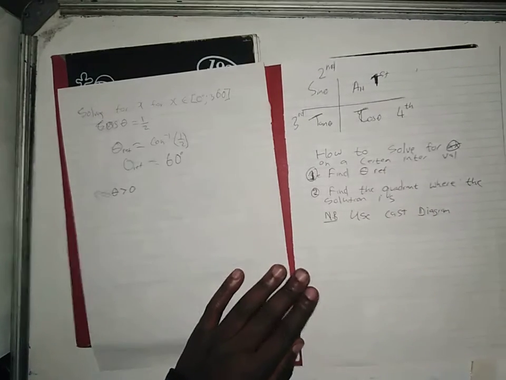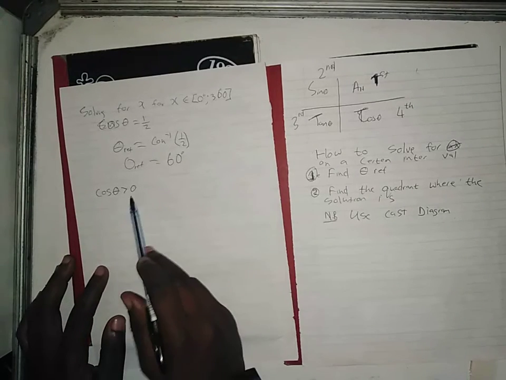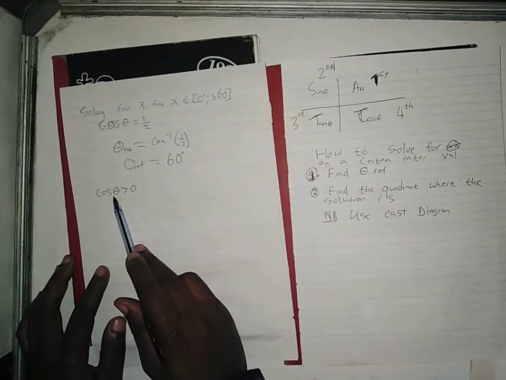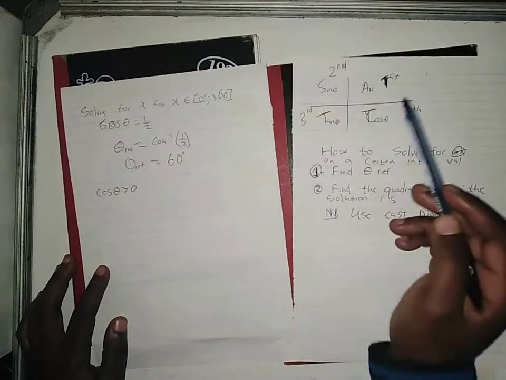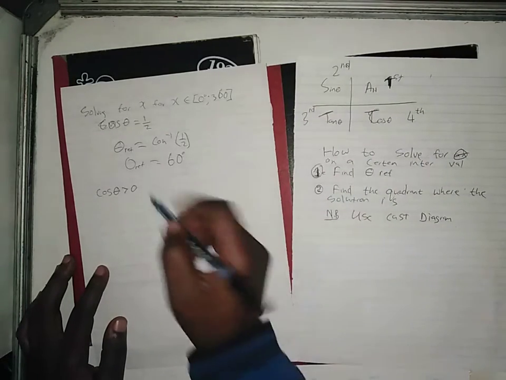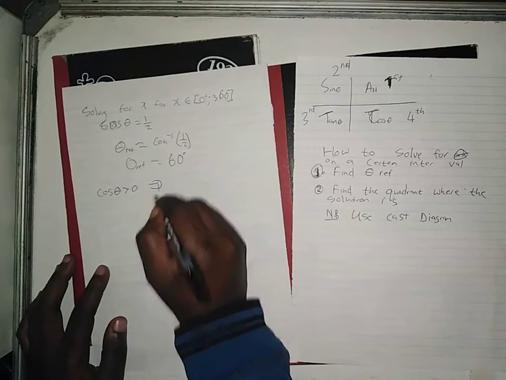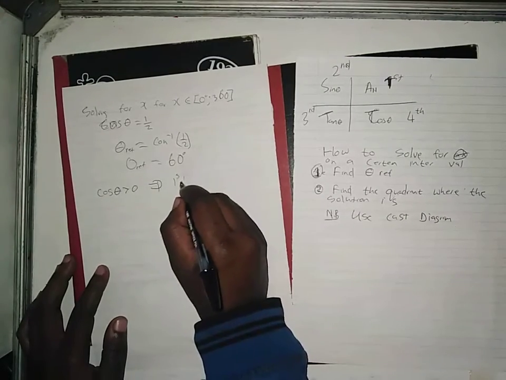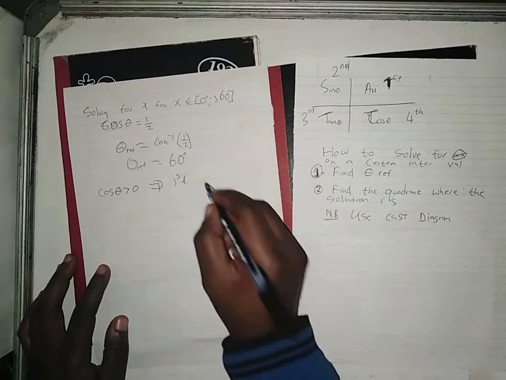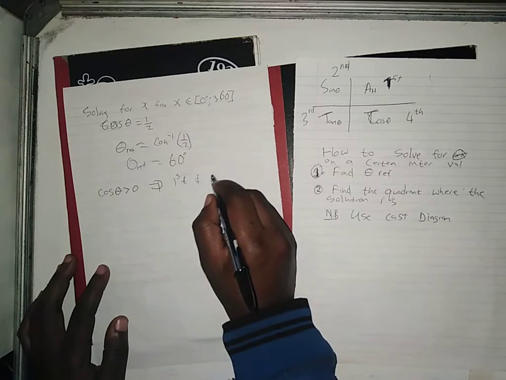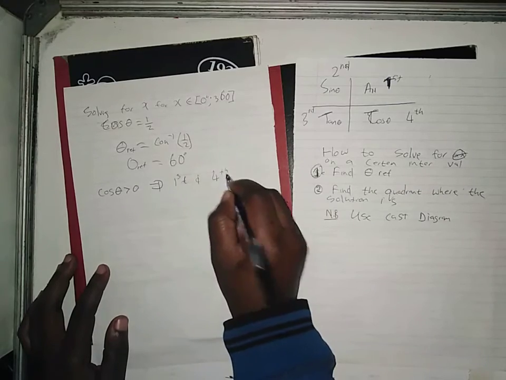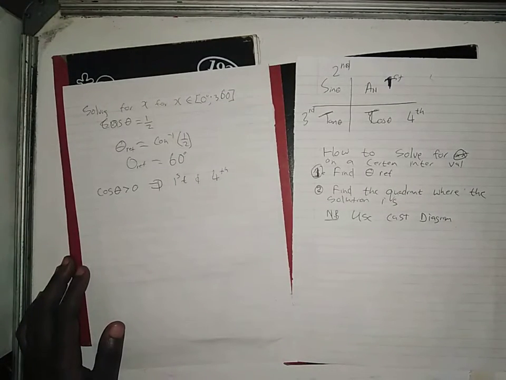When you use a CAST diagram and you want cos that is positive, you find out that cos is only positive in the first quadrant and in the fourth quadrant, if you go around 360.